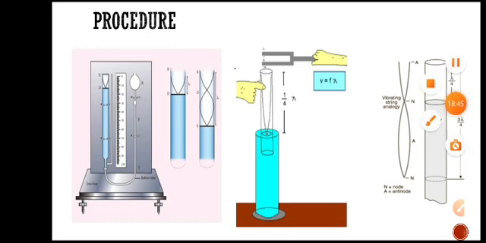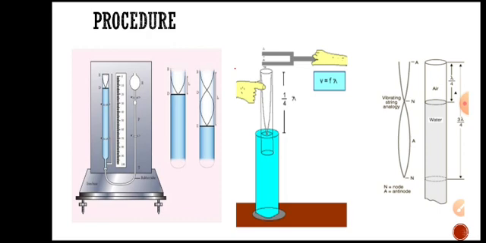So keeping the same excited tuning fork above the open end of the tube, the reservoir is further lowered. Take it down, so it is lowered until a large booming sound is heard again for the second time.